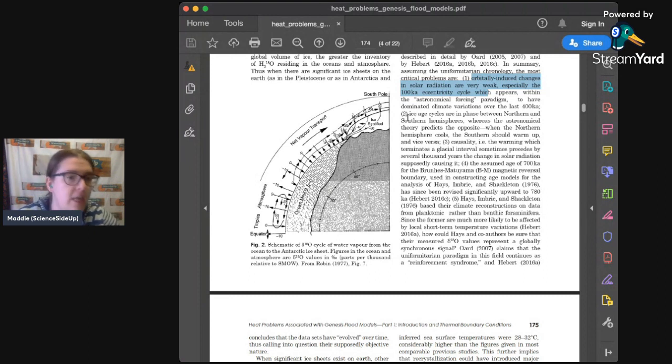So a small change in incoming solar radiation absolutely results in really big changes felt here on planet Earth. You can figure that out partially because the black body spectrum, which is what we're talking about with this stuff, is dependent on temperature to the fourth power.